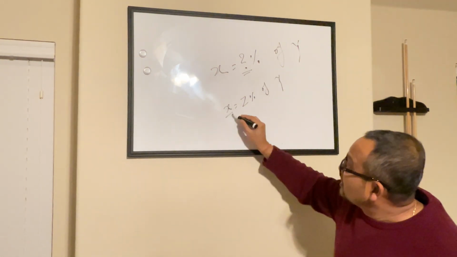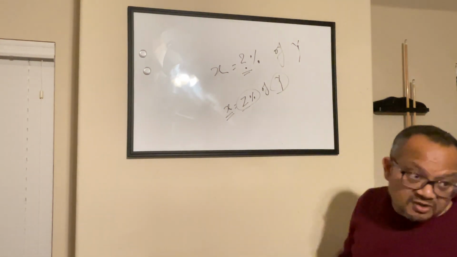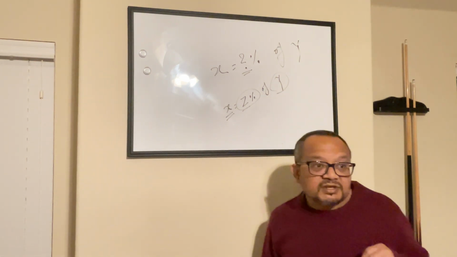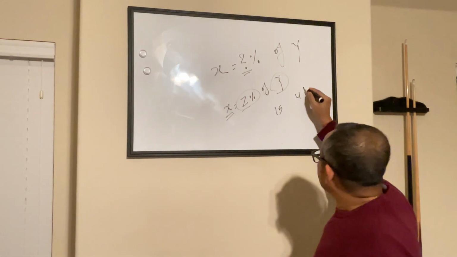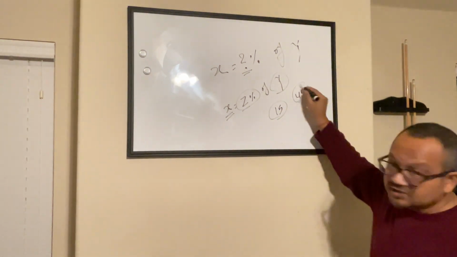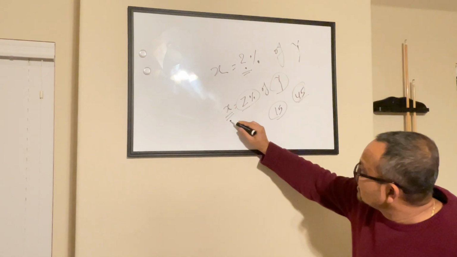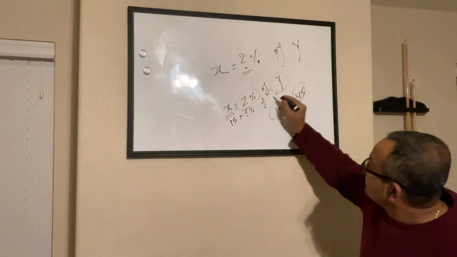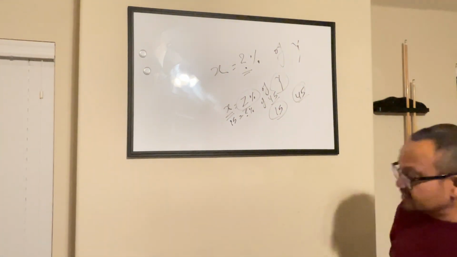You have to find out X is what percentage of another number. Let's say people say your age is what percentage of your dad's age. Let's say you're 15 and your dad is 45. Your age is what percentage of your dad's age? I'm just putting that in the equation here.